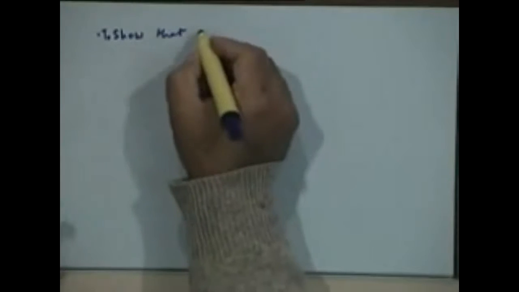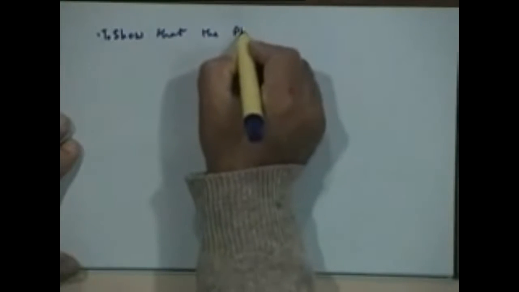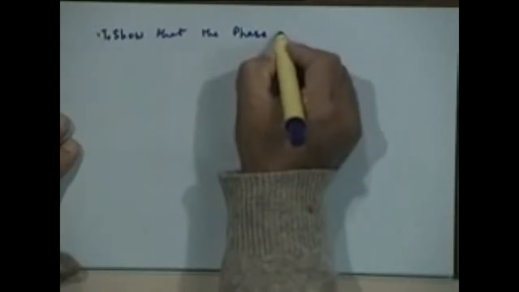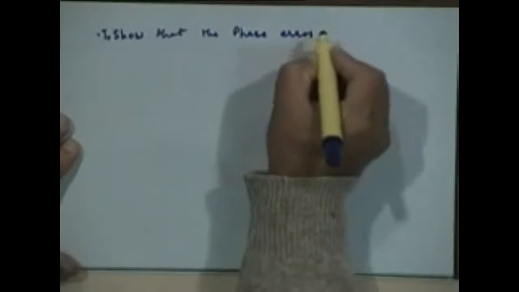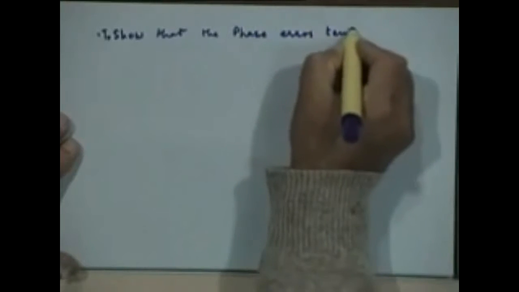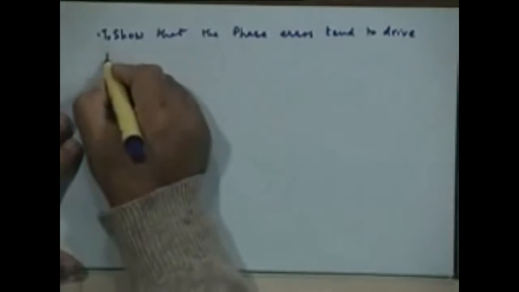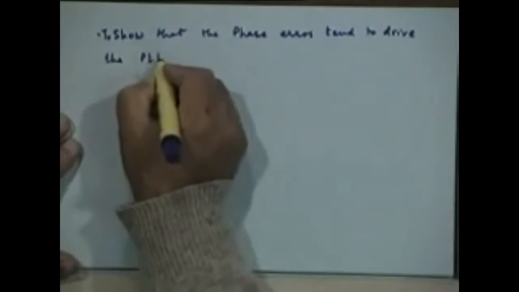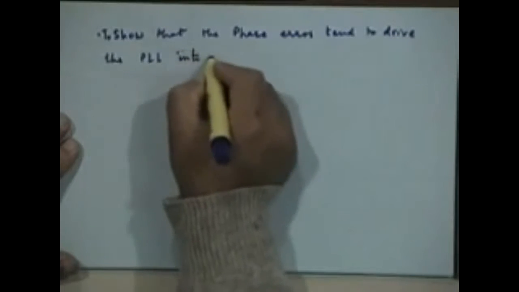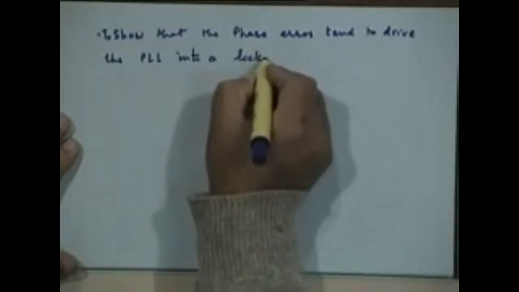So, we would like to show that the phase error that we have at any instant, whatever phase error we have, will tend to drive the PLL into a locked condition.